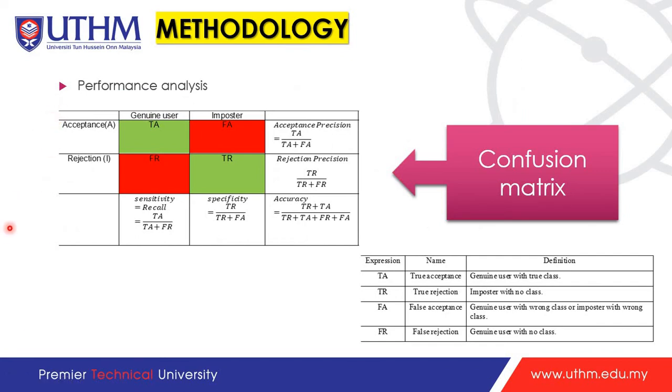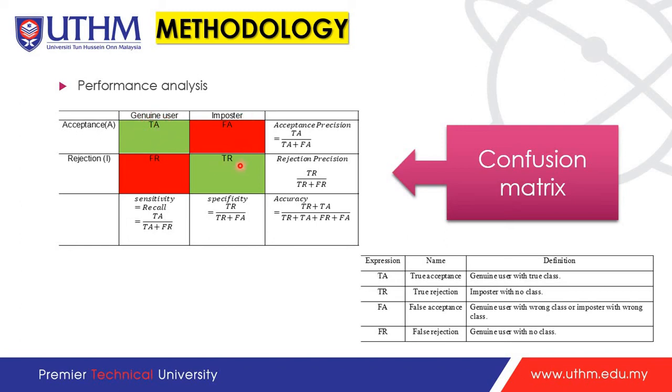Okay, and the performance was evaluated using the confusion matrix, where the row represents the system decision, whether accept or reject. The column represents whether this is a real user or registered user, or this is an imposter or unregistered user. So if a genuine user was accepted by the system, this is true acceptance.